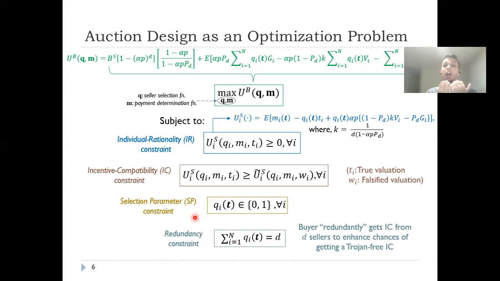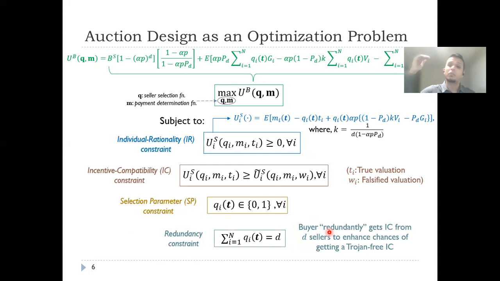As I explained, the buyer acquires multiple ICs from multiple sellers. Here, what we have generalized is that the buyer redundantly gets ICs from these sellers to enhance the chances of getting a Trojan-free IC.